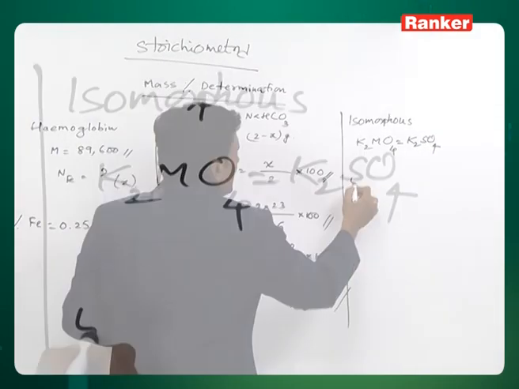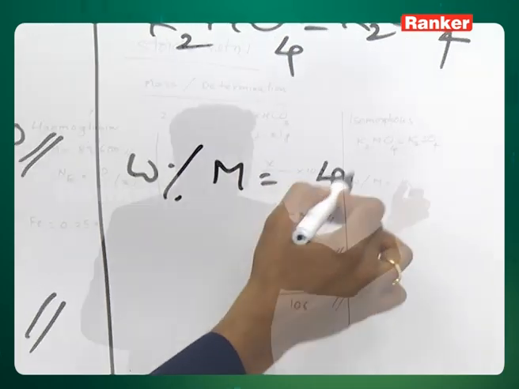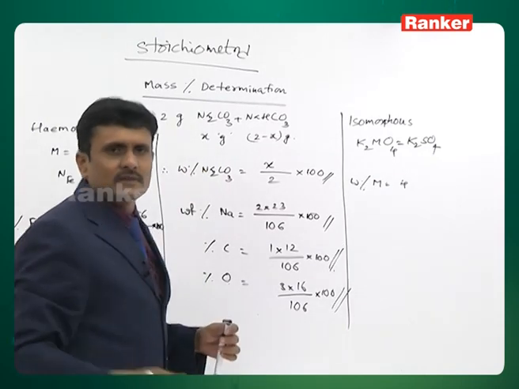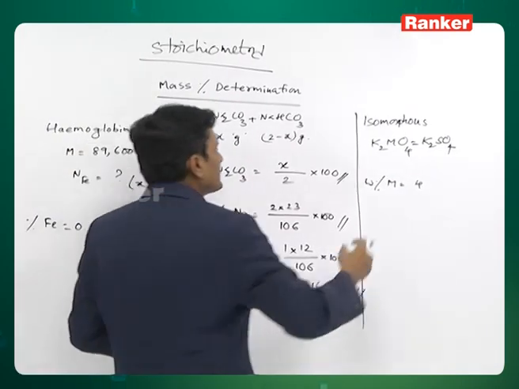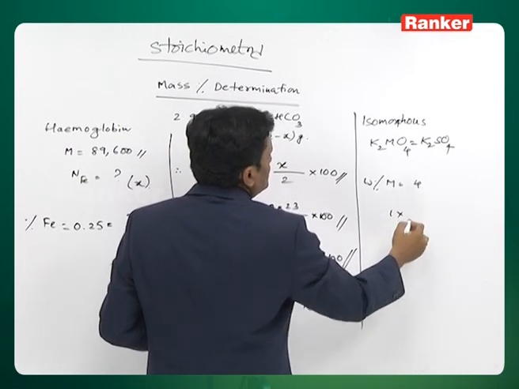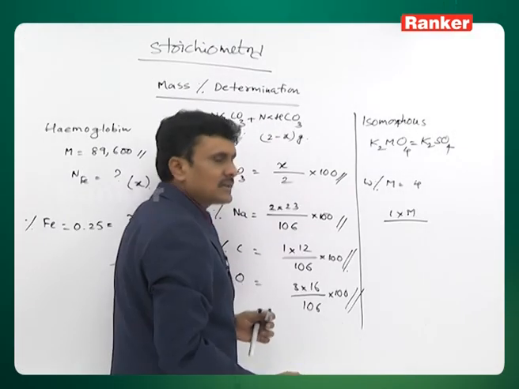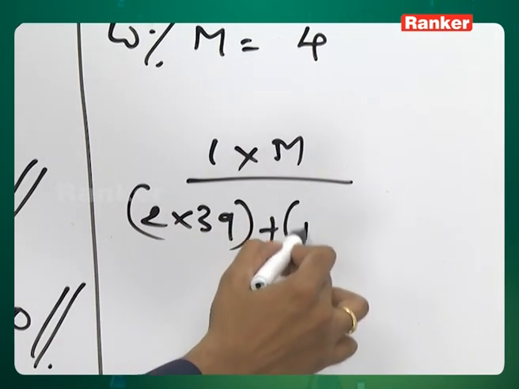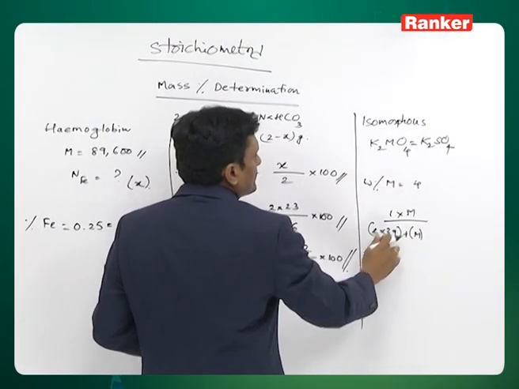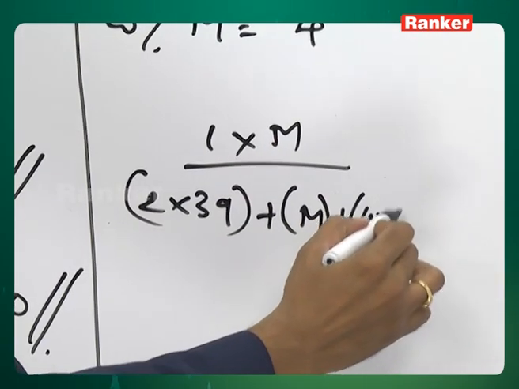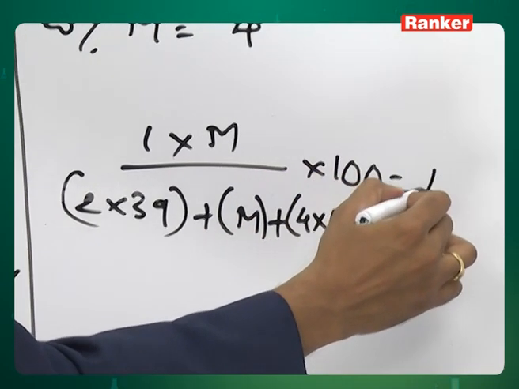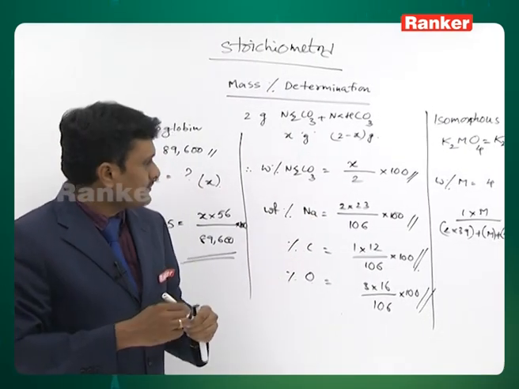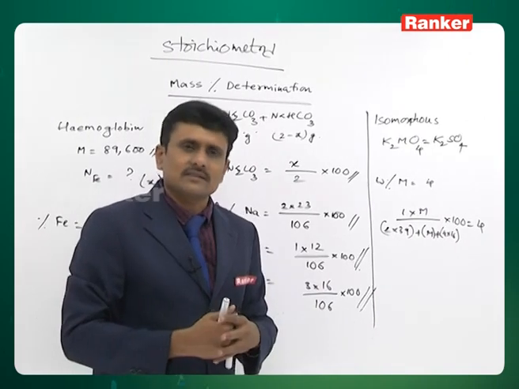The mass percentage of the metal is given as something like 4, and you have been asked to find the atomic mass of this metal or element M. In that case, there is 1 such metal, each metal mass is suppose M, which we need to find out, upon the total mass of this compound, 2 into 39 is potassium, plus M, plus 4 into 16, into 100, is the mass percentage of this M. Once after substituting these values, you will find out what exactly M is.